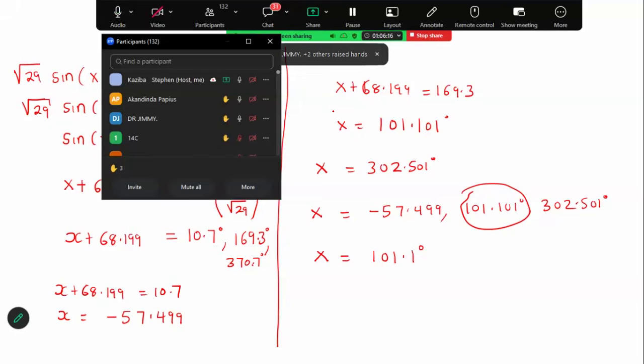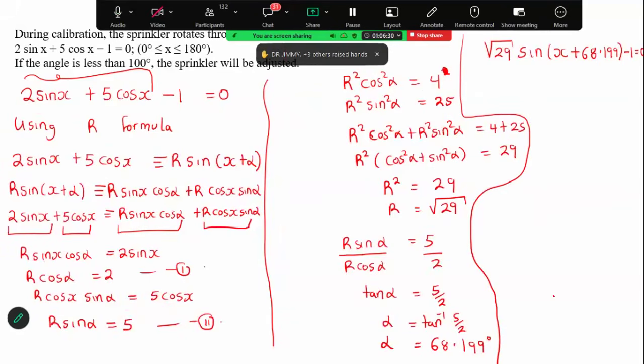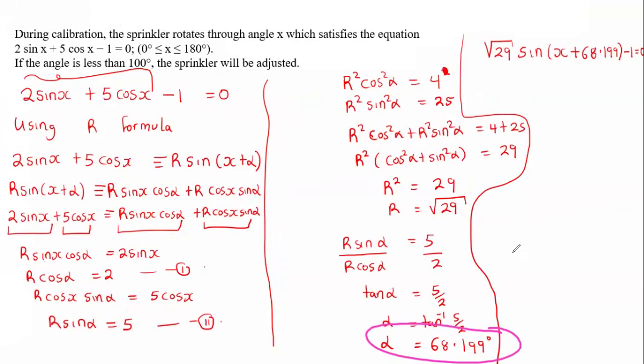I would like to understand more on the step where, after getting the angle of turn, where we got 68.199. Yes. The next step was to come and compare.